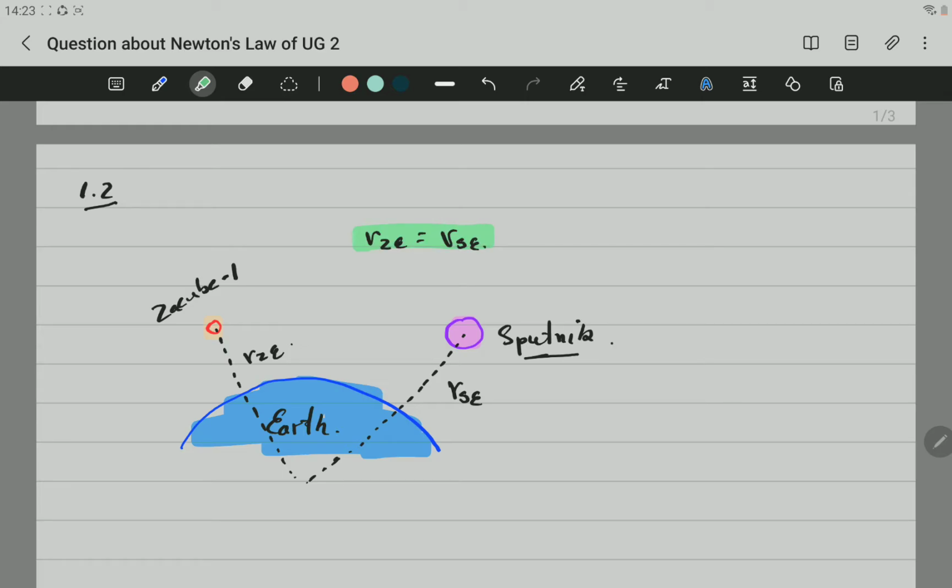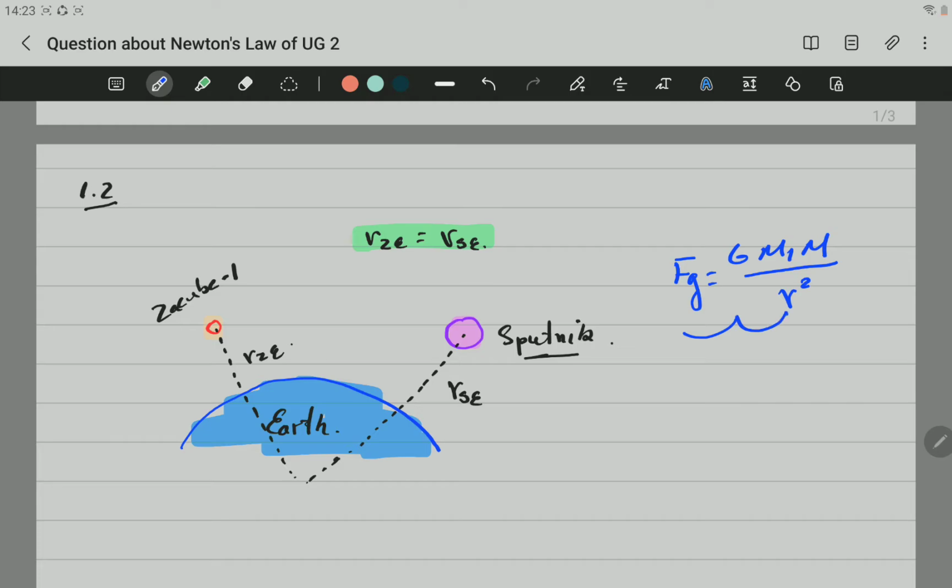However, previously they told you that the mass of Sputnik is 100 times bigger than the mass of Zakube. That is important. So if we have that the gravitational force is equal to the constant multiplied by one object, the other object, divided by the distance squared.